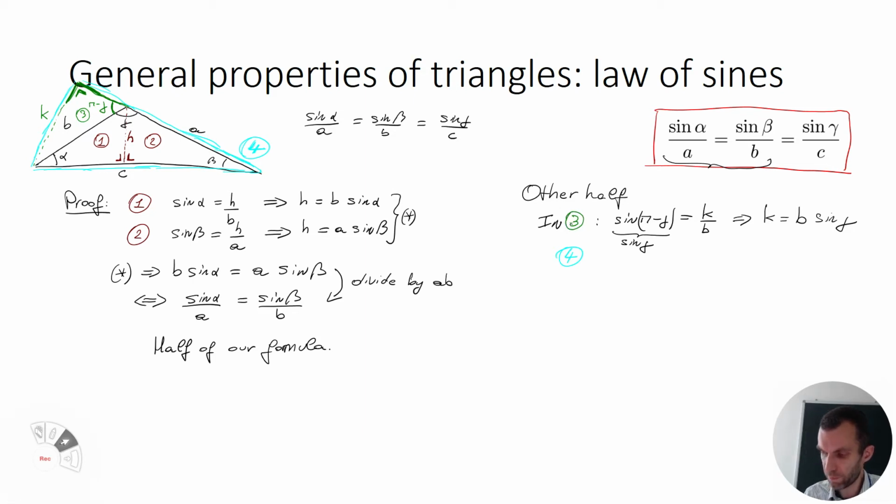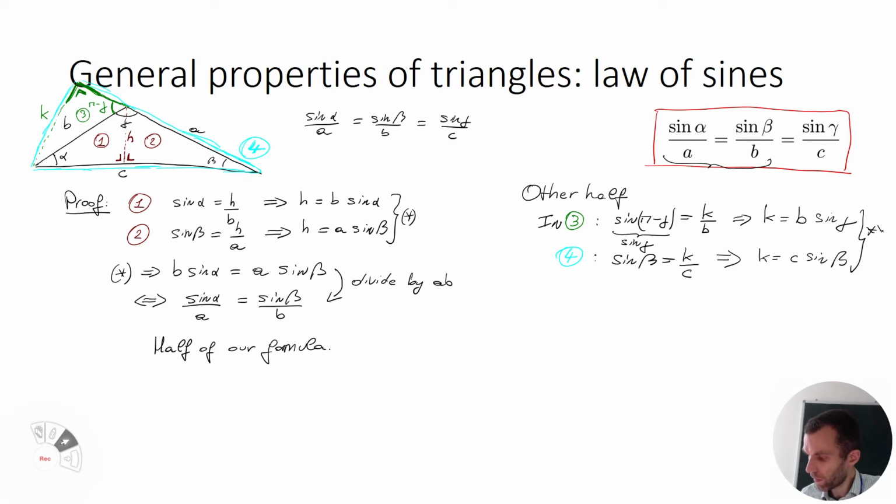What do I know in 4? Well, if I look at the sine of beta, I have sine of beta is the opposite side, that's k, divided by the hypotenuse, that's c. So sine beta is k over c, or k is equal to c times sine beta.